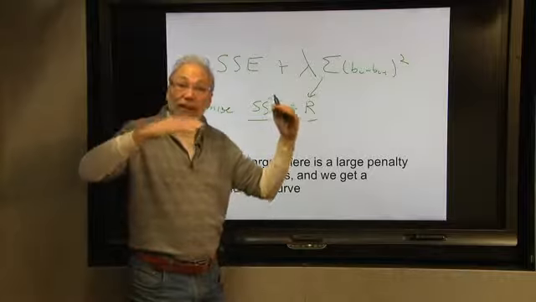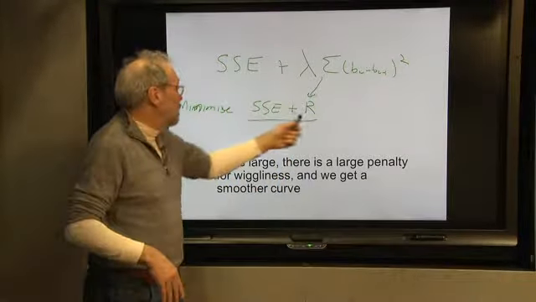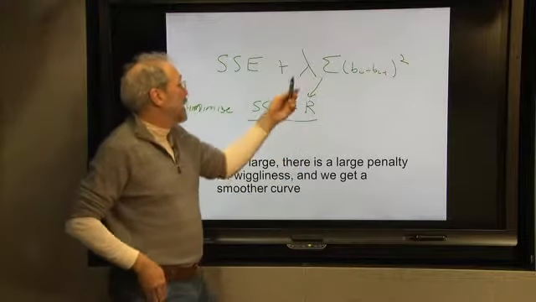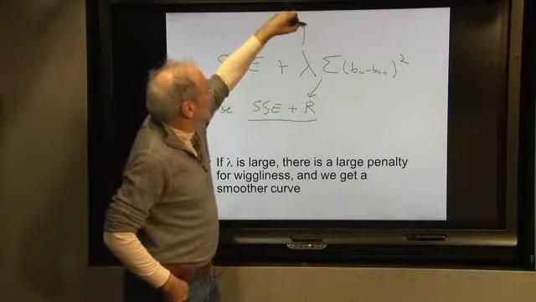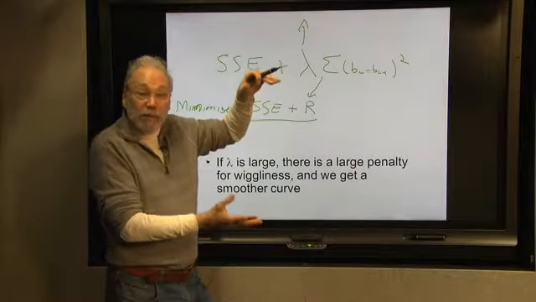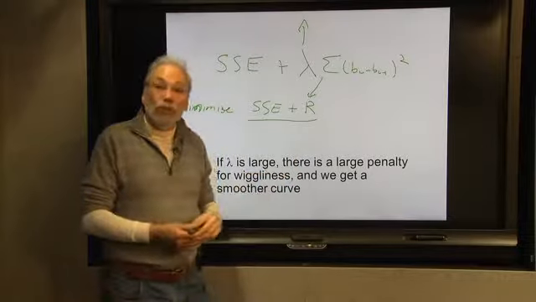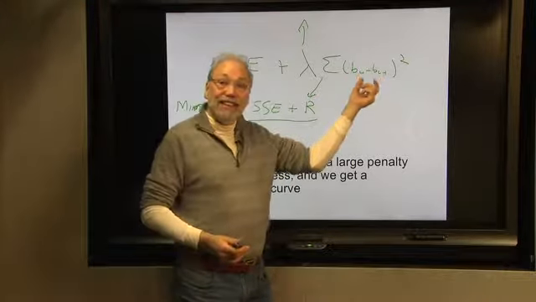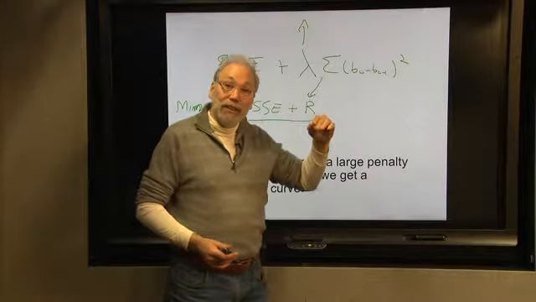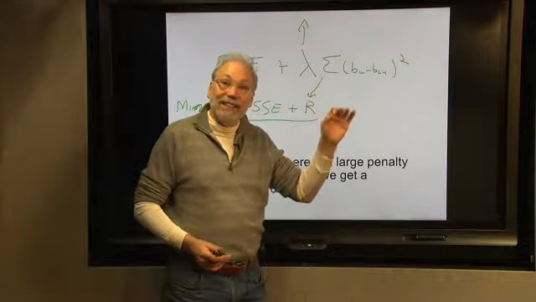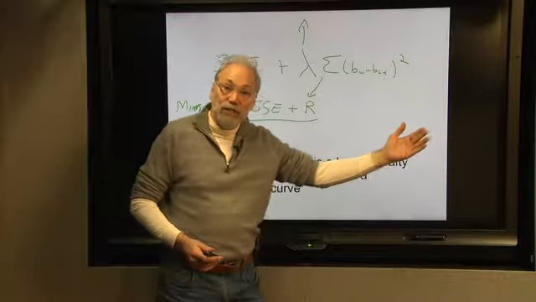So there's a trade-off, and there's going to be some optimum, which is going to minimize those two. And as lambda gets larger, that optimum changes to give you a smoother curve, because the penalty for changing the coefficients is getting bigger, and the optimum will occur with smaller changes in the coefficients, less wiggly curves.